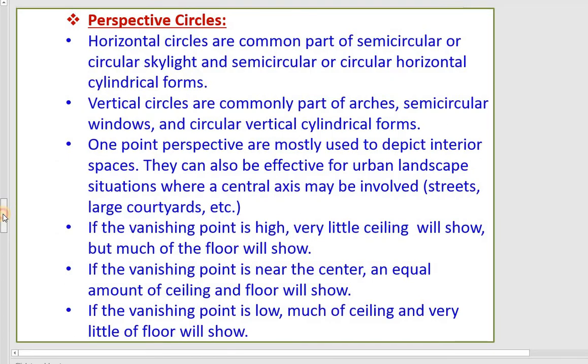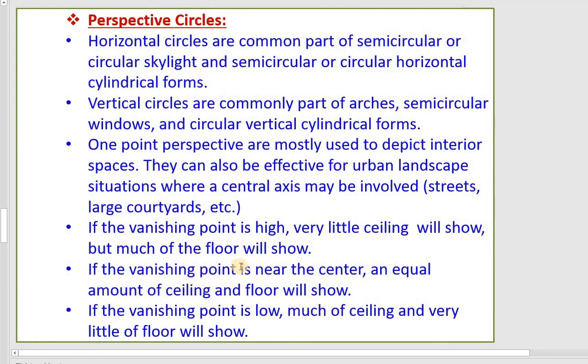This is some other definitions from perspective: circle, horizontal circle, vertical circle, and after that we have the 1-point perspective with interior space. If the vanishing point is high, very little ceiling will show, but much of the floor will be shown.